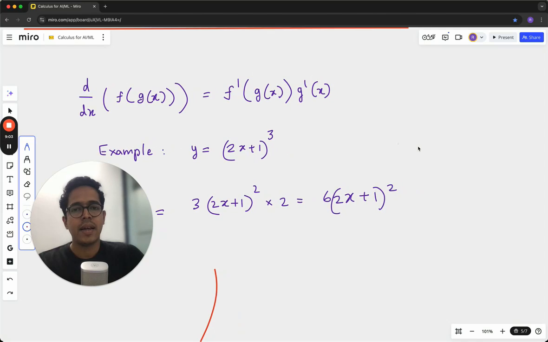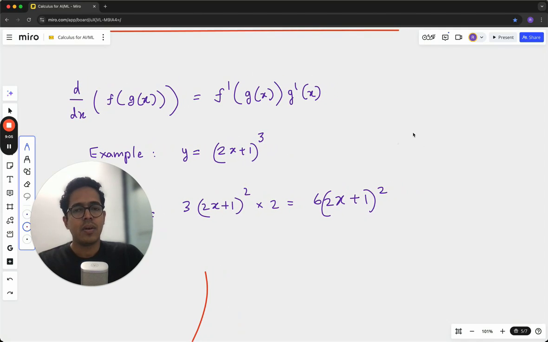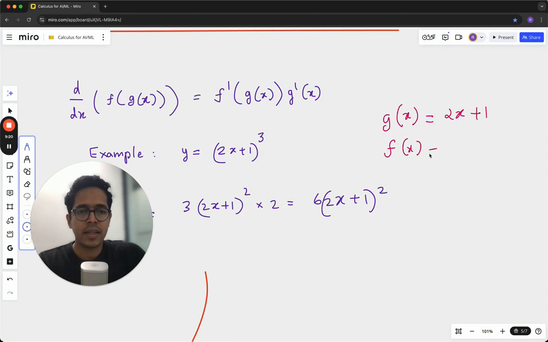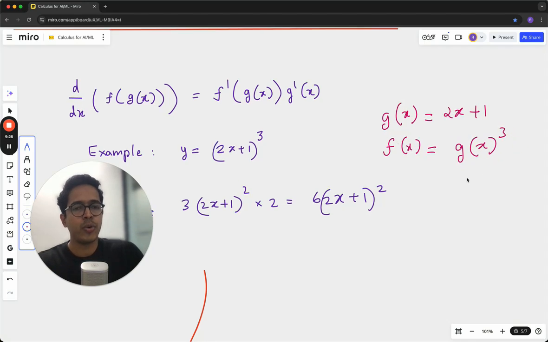Now, let's take one more function. Here, g of x equal to 2x plus 1, and f of x equal to, let's say, g of x the whole cube.